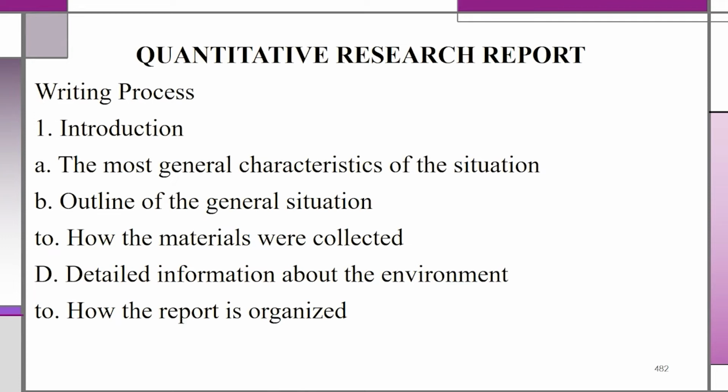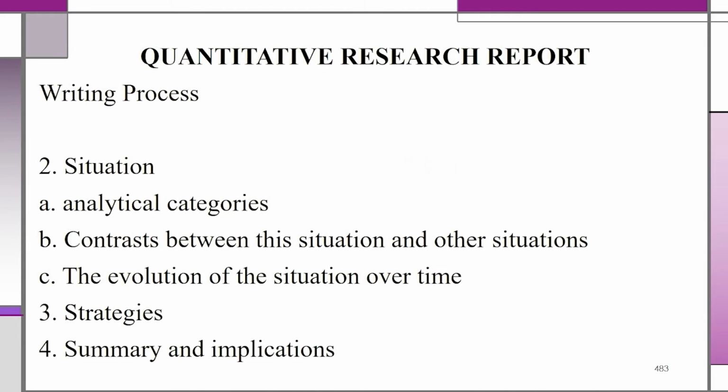Secondly, outline of the general situation. The introduction must also include how the materials were collected. Detailed information about the environment also must be stated in the introduction. And besides, how the report is organized is another requirement for the introduction.